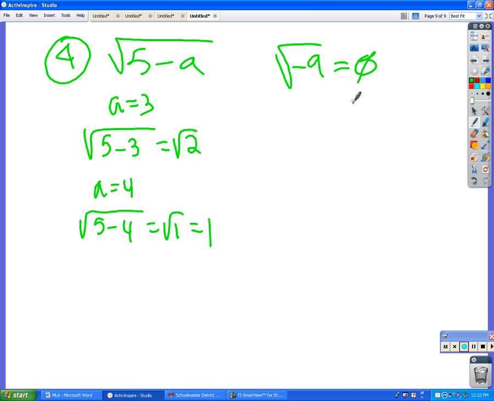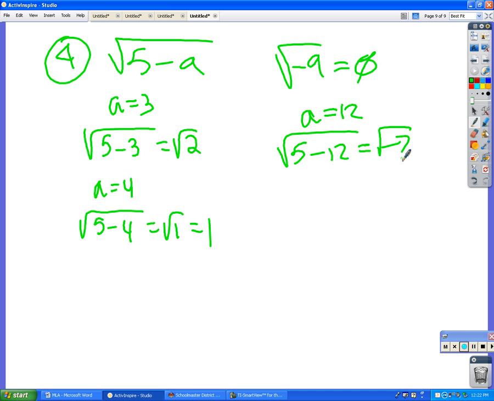So what value of a would give me a negative number underneath the square root? Like 12, right? Because if I said a is equal to 12, 5 minus 12 would be negative 7, so that wouldn't work. What's the cutoff point? 5.